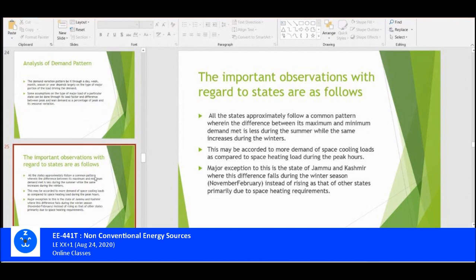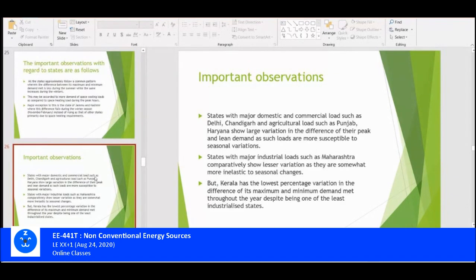Similarly, other hilly areas of Himachal or Uttarakhand also need more of the load fulfillment during the winters rather than the summer. States with major domestic and commercial loads such as Delhi, Chandigarh, and agricultural loads such as Punjab, Haryana show large variation in the difference of their peak and lean demand, as such loads are more susceptible to seasonal variations.